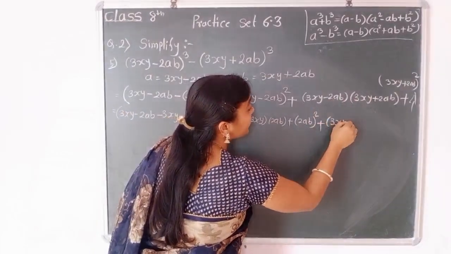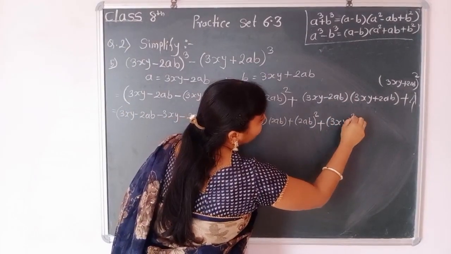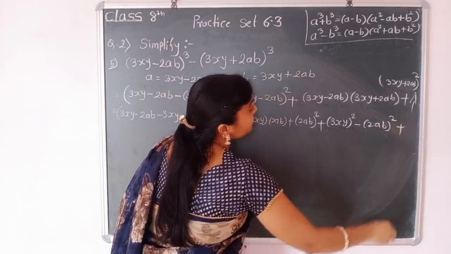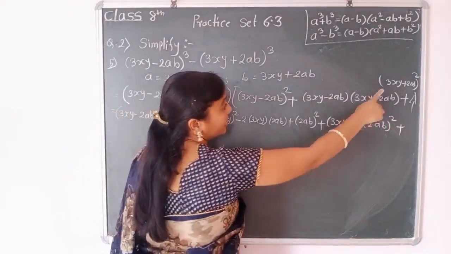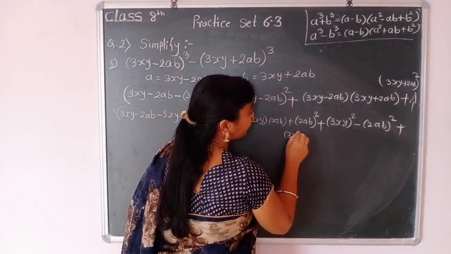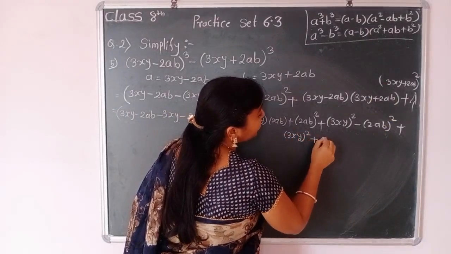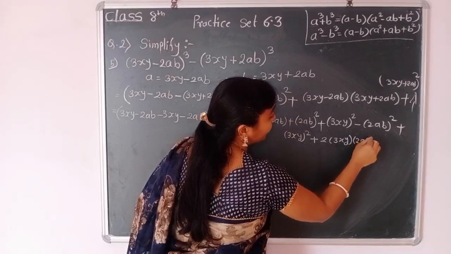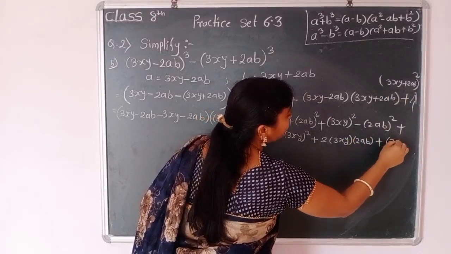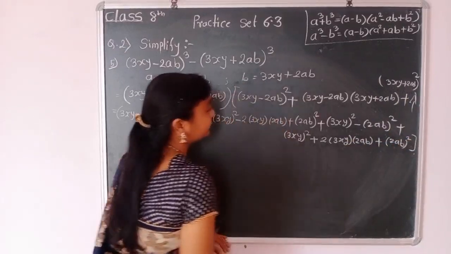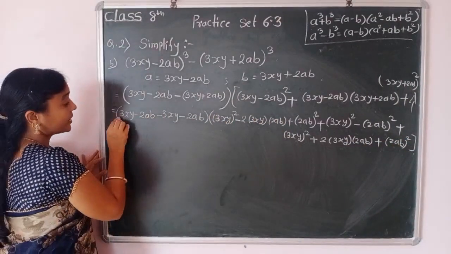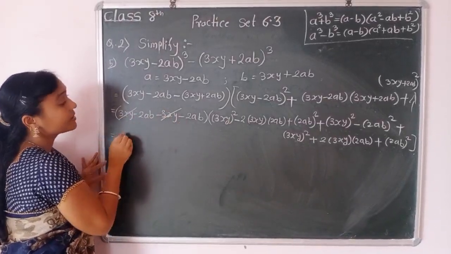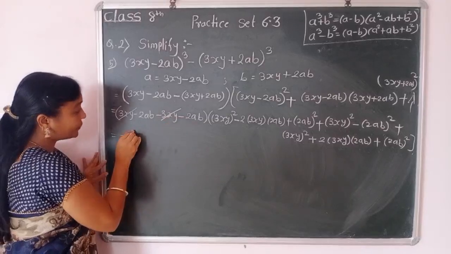So I write down directly (3xy) square minus (twice ab) bracket square plus (a plus b) bracket square, a square plus twice ab plus b square means (twice ab) bracket square. And then we solve this. Thrice xy minus thrice xy cancel. Minus minus plus, but sign is minus. 2 and 2, 4ab.